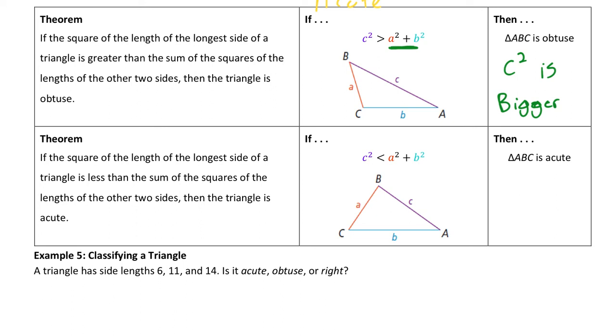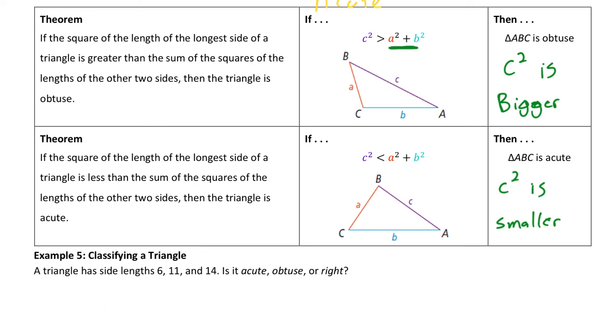Okay, that's when it's obtuse. If a triangle is acute, that means that c squared is smaller than a squared plus b squared. So the way I remember this is that for it to be acute, c squared is small. The biggest side is smaller than the other 2 sides when squared and added together.